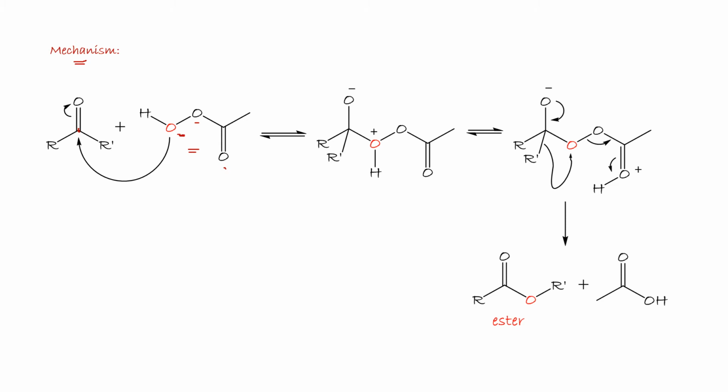So this oxygen, the one red in color, will act as a nucleophile and add to the carbonyl carbon, forming this species, then followed by proton transfer to this oxygen, leaving the one red now free, and this oxygen will have the positive charge.